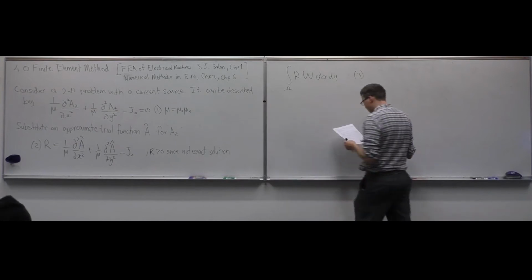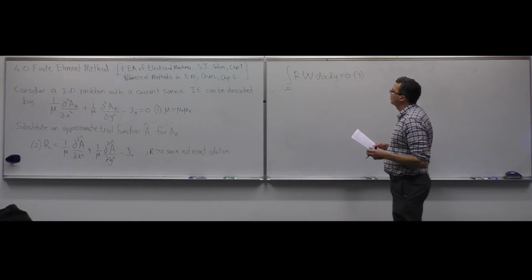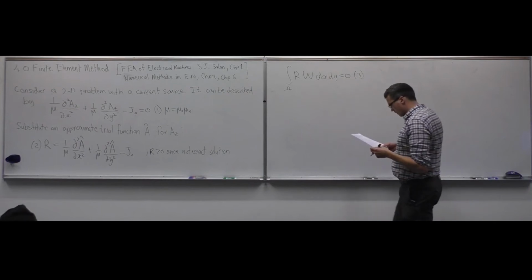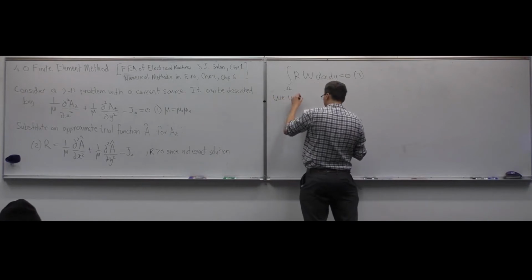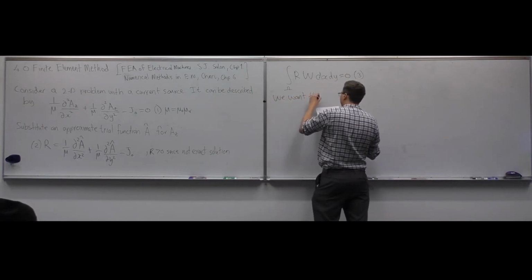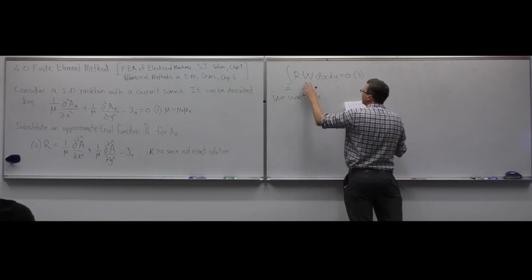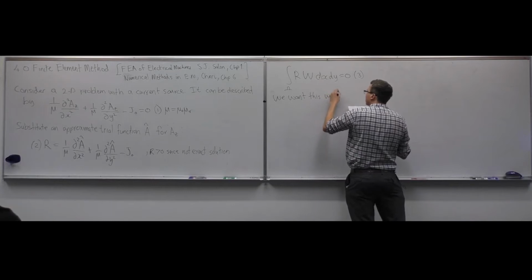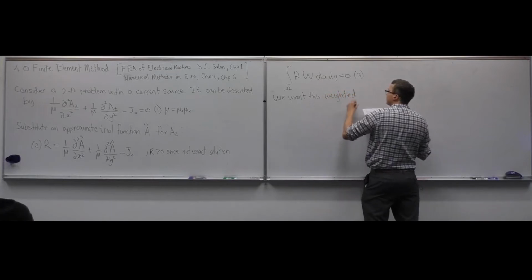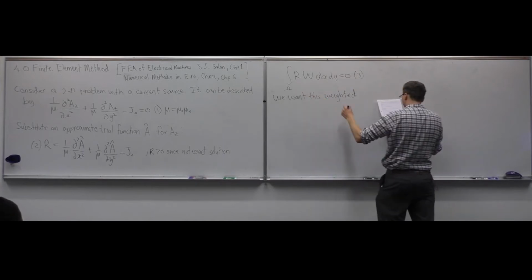Okay, so this is what we want to make equal to 0. We want this weighted residual integral to be 0. It's weighted because it's got a W, and residual because it's got a residual term in there.